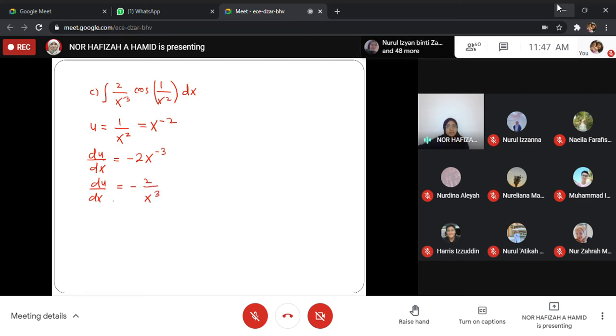Okay, so this one you can cross multiply. We want to derive dx. Okay, so you will have x cube du equal to negative 2 dx. Okay, so dx is equal to x cube du over negative 2.